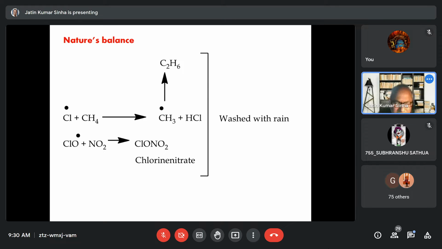Similarly, the chloroxy radical reacts with nitrogen dioxide that is already present in the atmosphere to give you chlorine nitrate. So the other components present in the atmosphere, like methane and nitrogen dioxide, also play a role in removing all these toxic radicals which are responsible for the removal of ozone from the atmosphere.